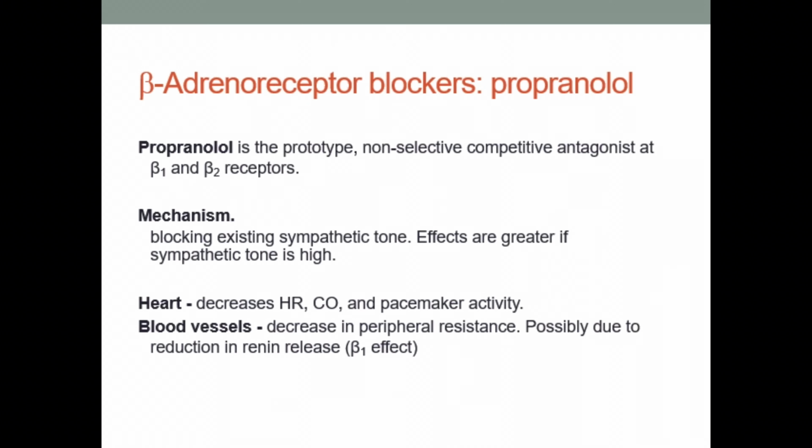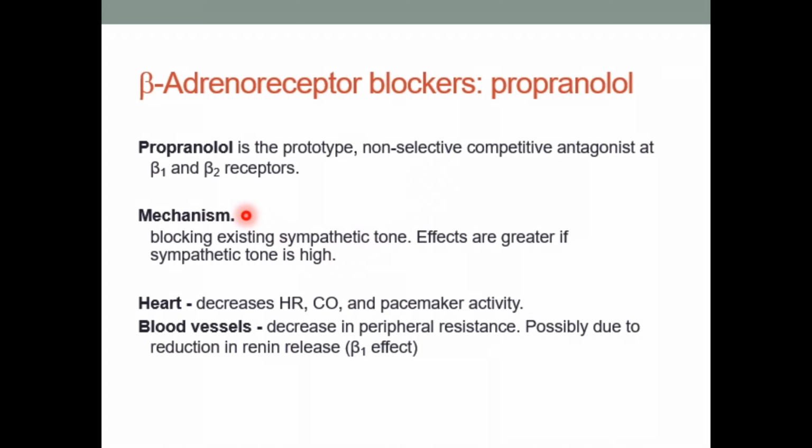Okay, let's get into more details on the drugs classified as beta blockers. Propranolol, you know, is the prototype of beta blockers. It is non-selective, that means it binds to beta 1 and beta 2 and blocks these receptors.